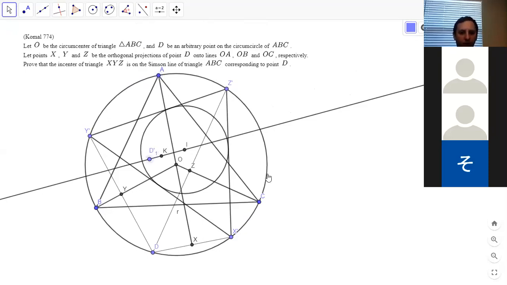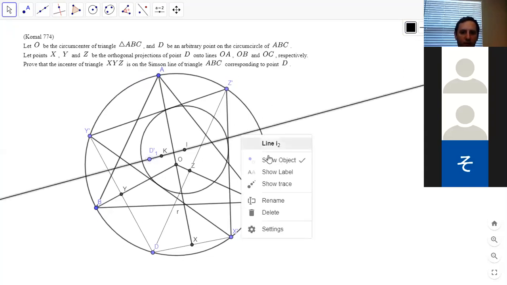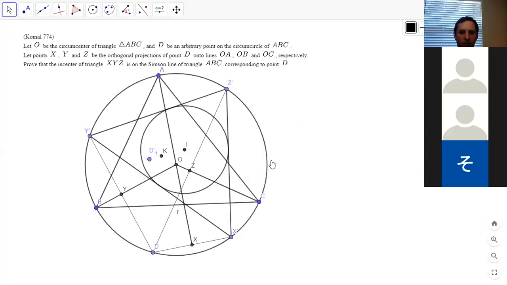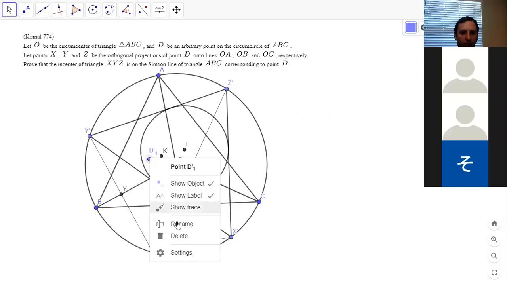Okay. So if I can prove those three are collinear, that would solve it. Also, can you delete the line? Yeah, three points. Let me just call this D prime.